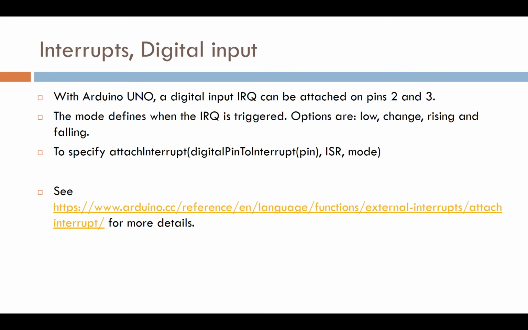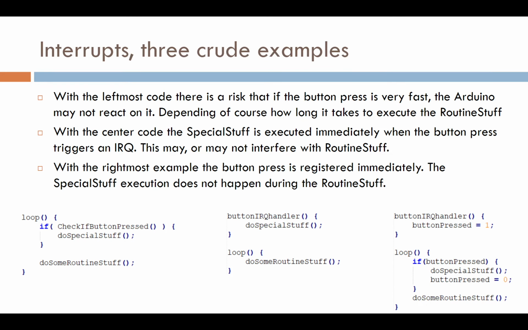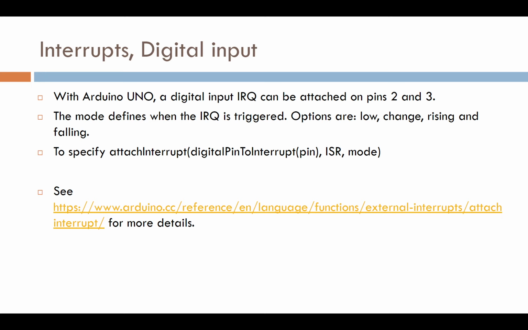Then it has the function name. That ISR is replaced by your own function. For example, here you would have this button IRQ handler function as ISR. And then which mode, which are either low, change, rising, or falling. Okay, so that's how you do a digital input interrupt.